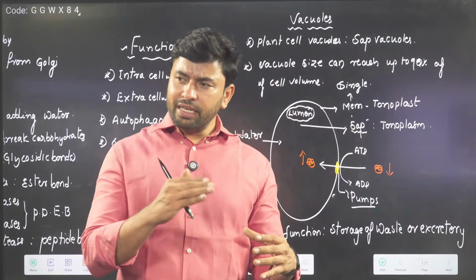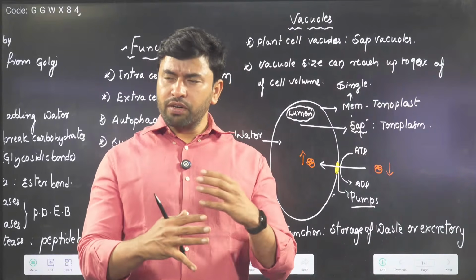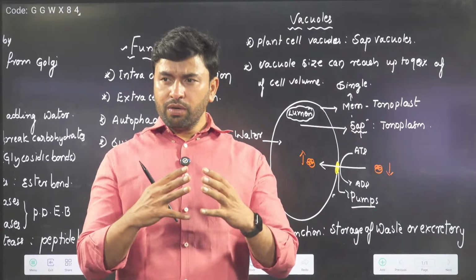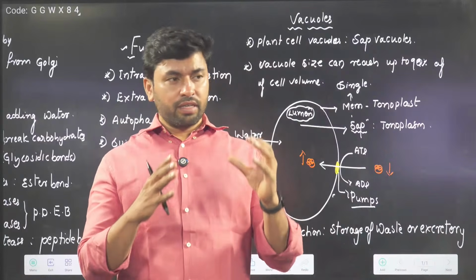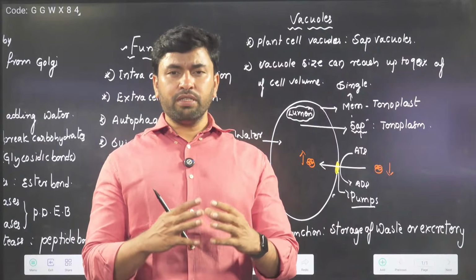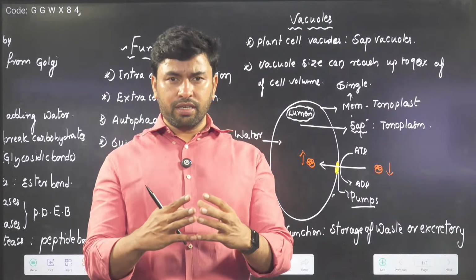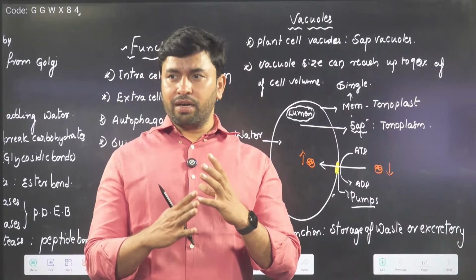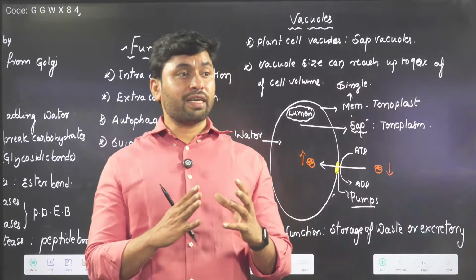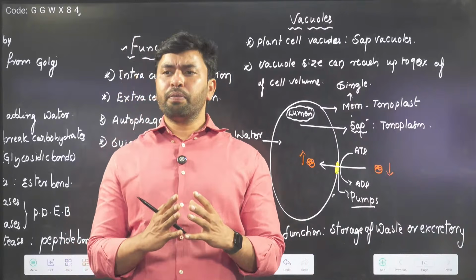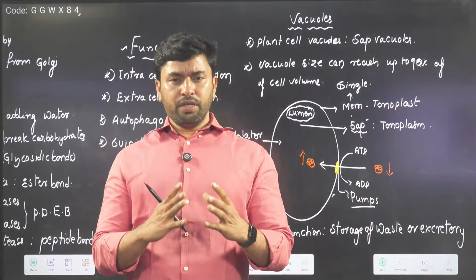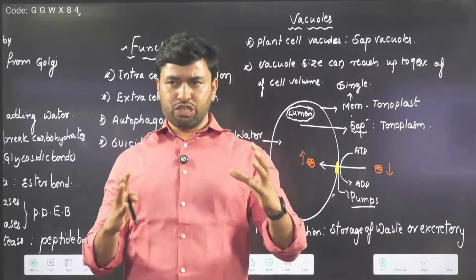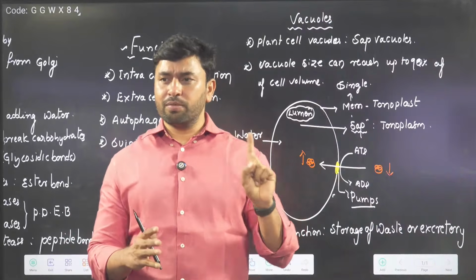By inputting more water. The more water you insert, turgor pressure will generate. Turgor pressure means the pressure generated by the water on the plasma membrane. That's called turgor pressure, and it obviously creates some expansion. That's what we are talking about.